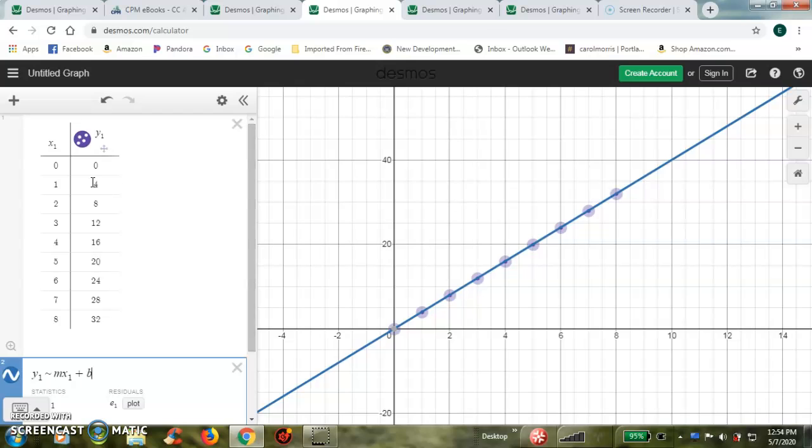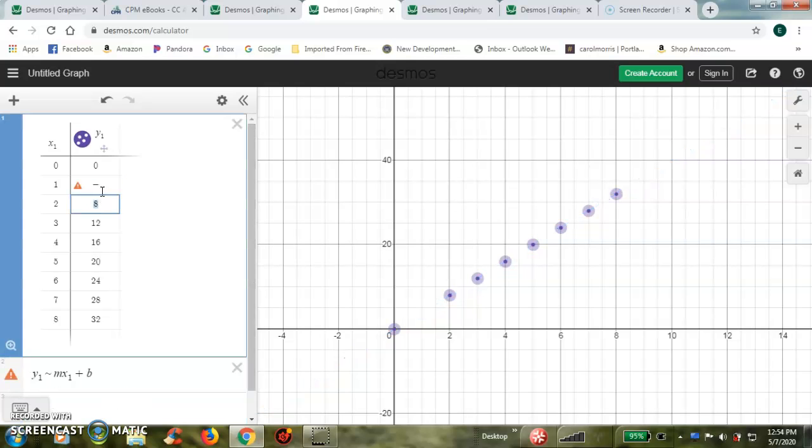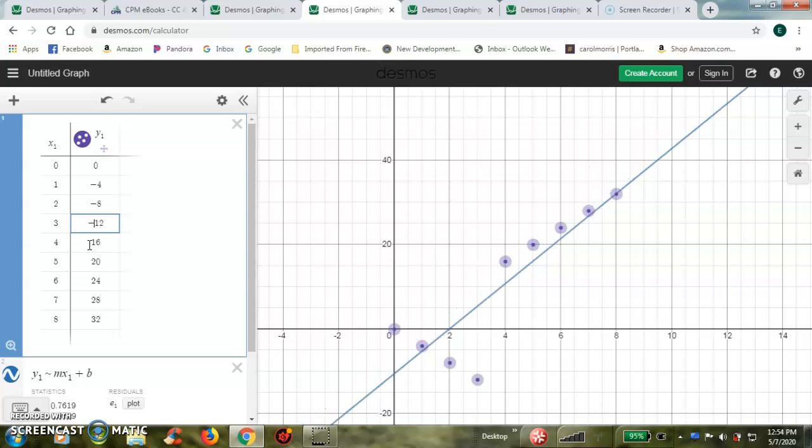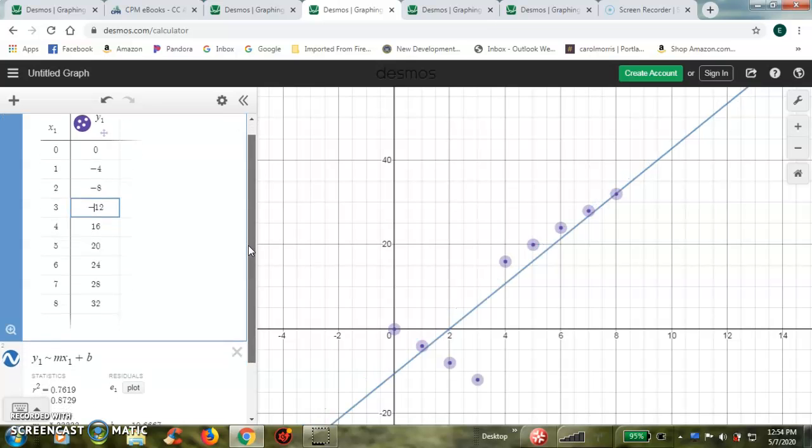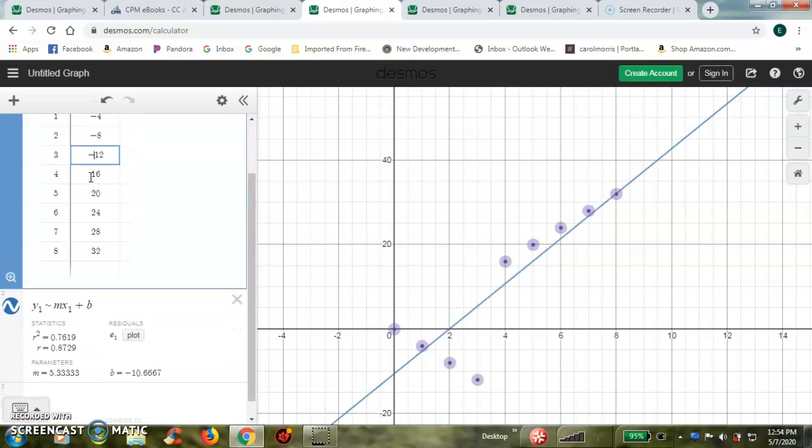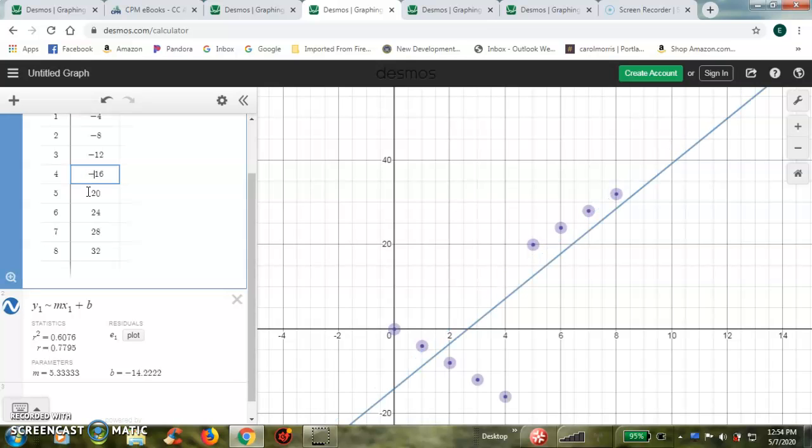Well, what if I just came through and made all of these negative? So I think I can do that fairly quickly. Whoops, -4, -8. So watch what happens once I'm done with this to the correlation coefficient.